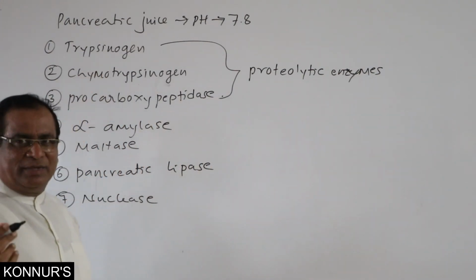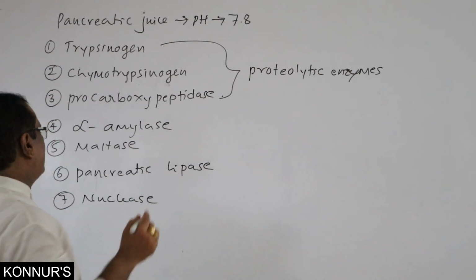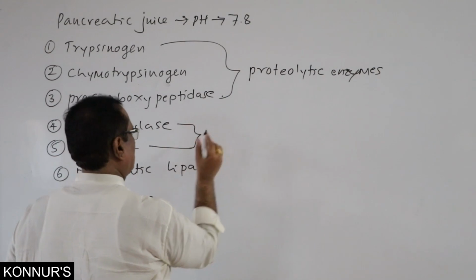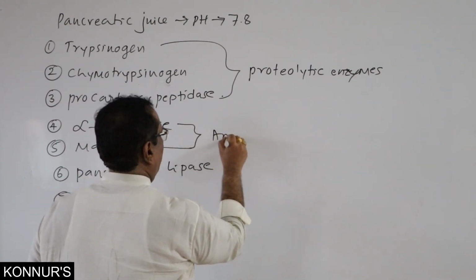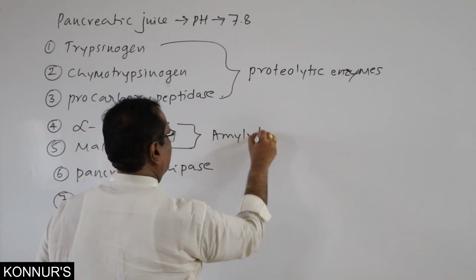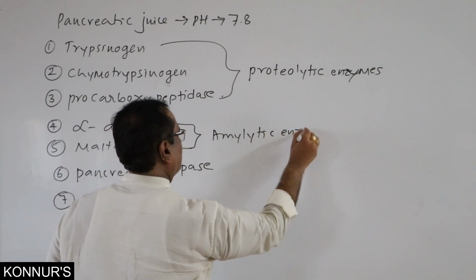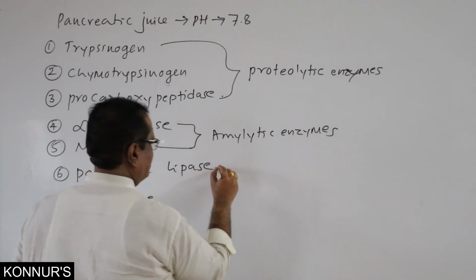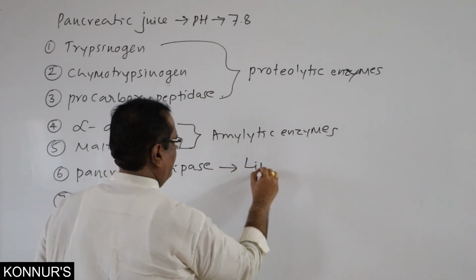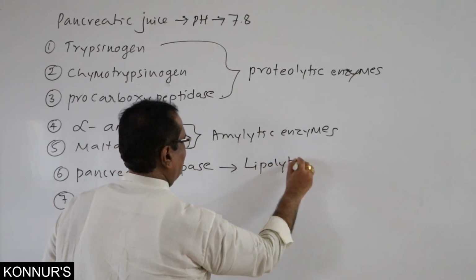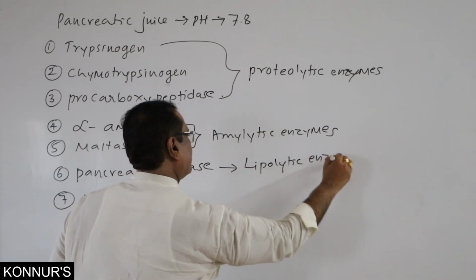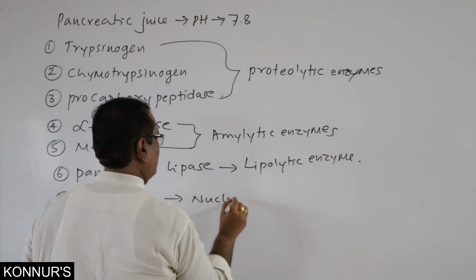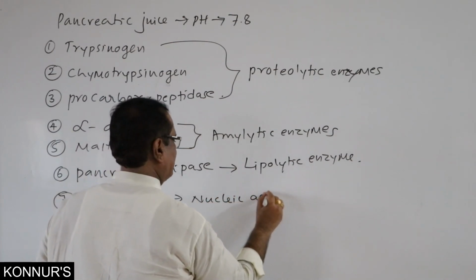They will get activated. And alpha amylase and maltase are amylytic enzymes. And pancreatic lipase is a lipolytic enzyme. Nuclease is concerned to the digestion of nucleic acids.